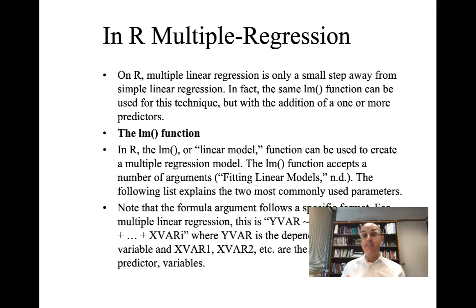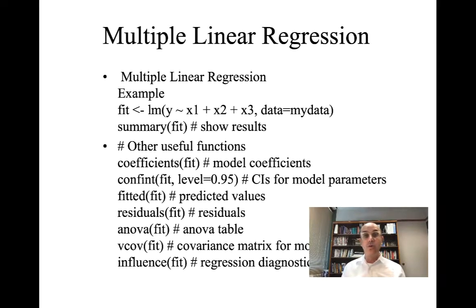And again, this is part of the Y variable versus the X variable and how it plays out. In multiple linear regression in R, what we do is add another dimension to the analysis. I will call it fit, and I will embed it into lm, the multiple regression analysis, and I will put in the formula that I would like to examine, the Y and the X1, X2 and X3, and the data is where I will define my data.